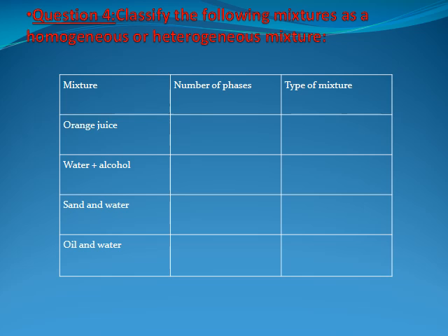Classify the following mixtures as homogeneous or heterogeneous. Orange juice, number of phases. Yes, Muhammad Ali. Two or more than one phase. Heterogeneous. Okay, Linda. 2.